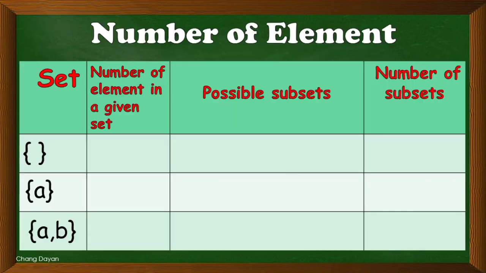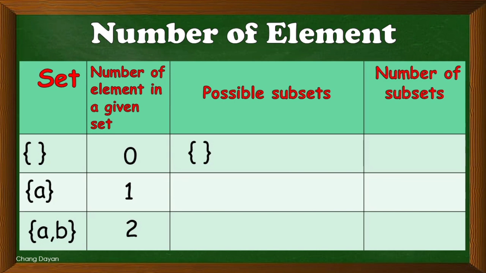Now let us talk about the number of elements. So we have here 3 sets. Let us identify first the number of elements in the given set. For the first one, we have 0. Second one, we have 1. And the third one, we have 2, since we have A and B only. And let us list down all the possible subsets.